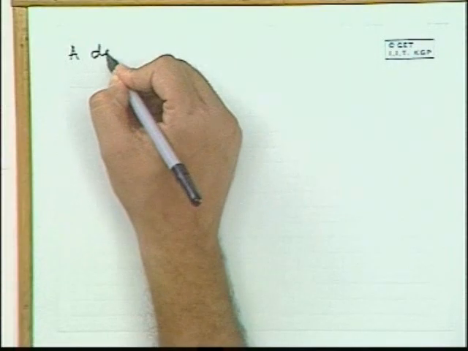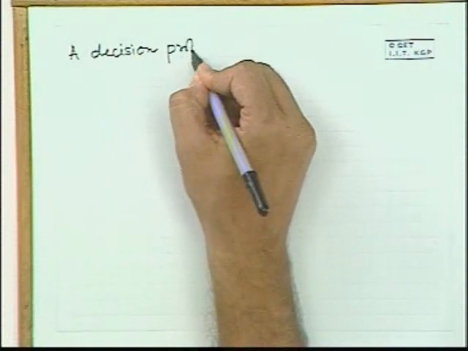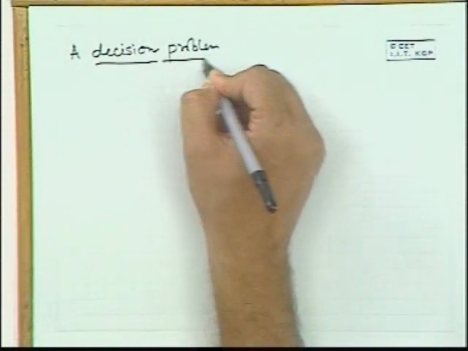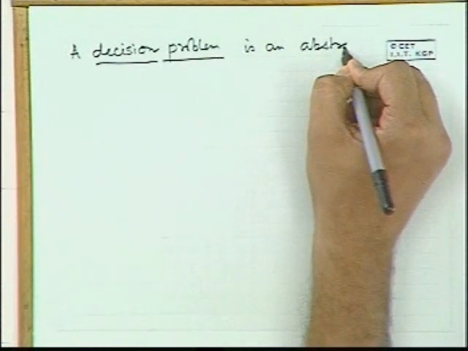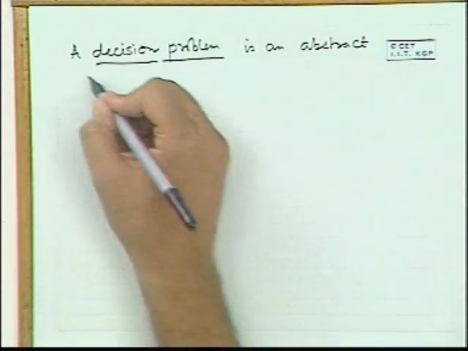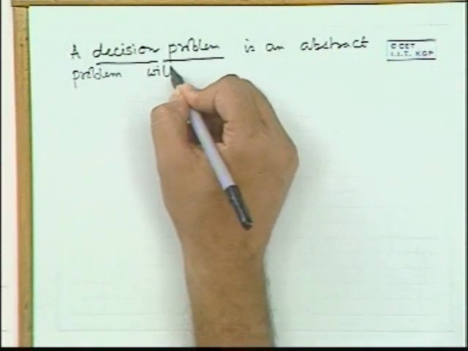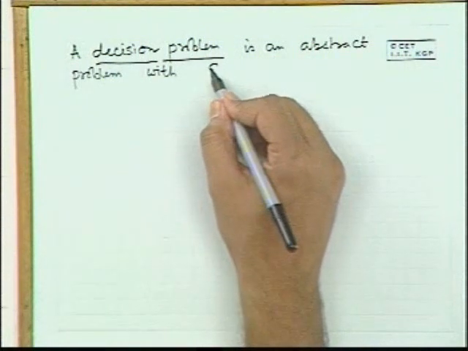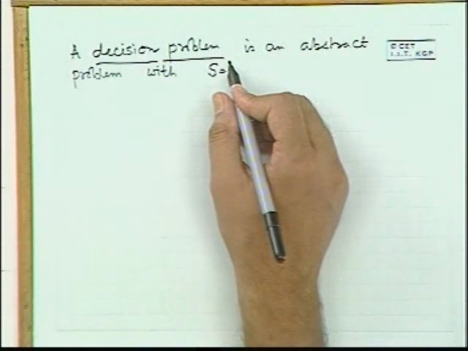So a decision problem is an abstract problem where the solution set is basically yes or no. I am denoting yes as 1 and no as 0.